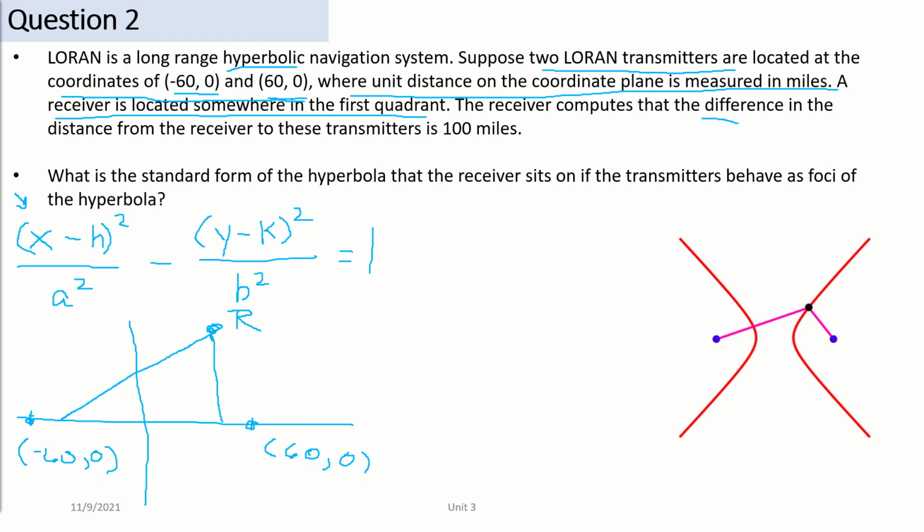So if we divide 100, we get 50 to the right of the center and 50 to the left of the center. And the problem talks about the difference in those distances. Again, it's an indication that this is a hyperbola because we're subtracting. I'm going to go ahead and put those points on my graph, and that should be +50, 0 and -50, 0.